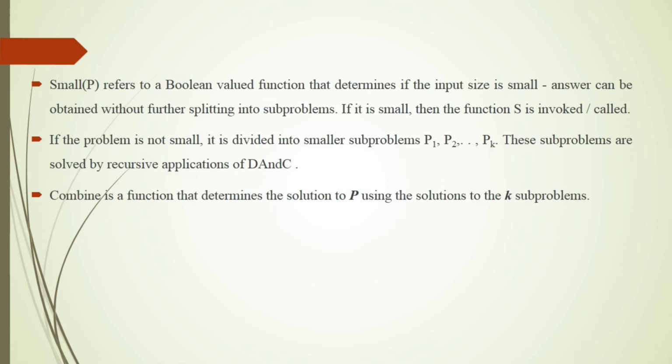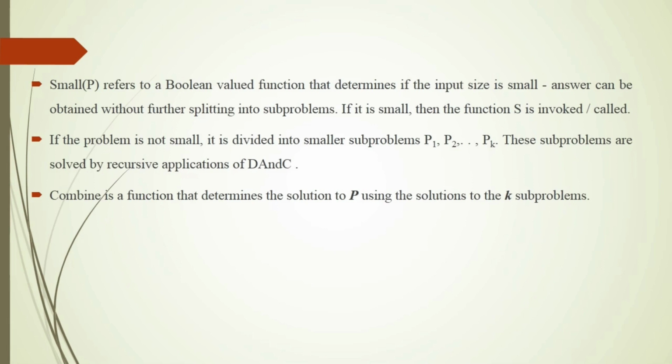In the general abstraction algorithm that we have already discussed, small(P) refers to a Boolean valued function. That means it can return either true or false, whether the problem is small or not. If the problem is small, that means the input size is small, then we directly solve it by calling the function S. If the problem is large, then we subdivide it into subproblems P1, P2, Pk.